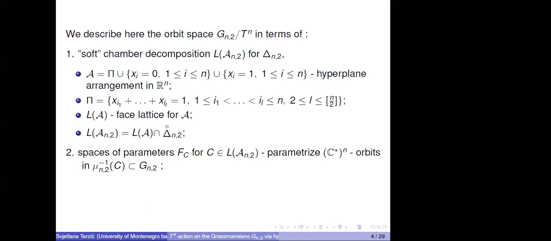In other words, they parameterize the part of the C* orbits that sits over the chamber C using the moment map. And the third notion we use here is the universal space of parameters. That's a little bit of a new notion which we earlier introduced, and it will be clear during the talk what it is about.